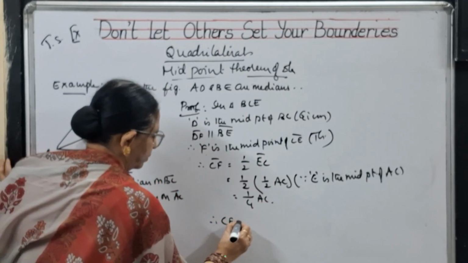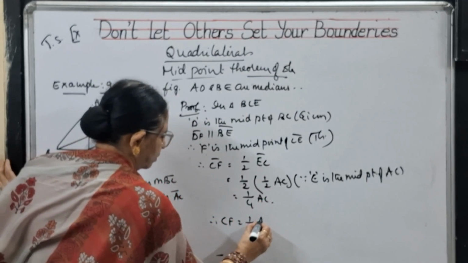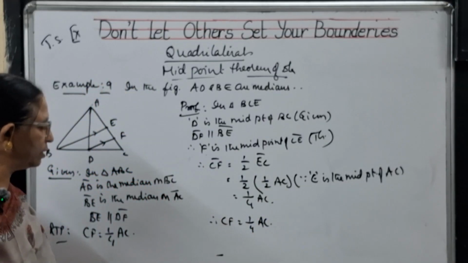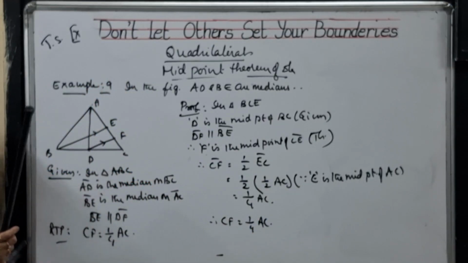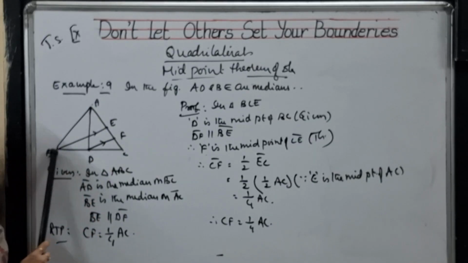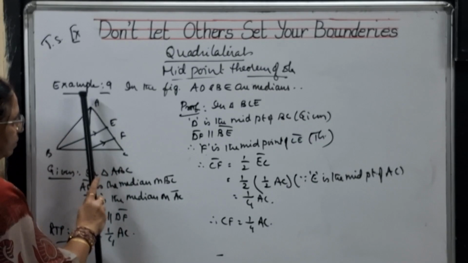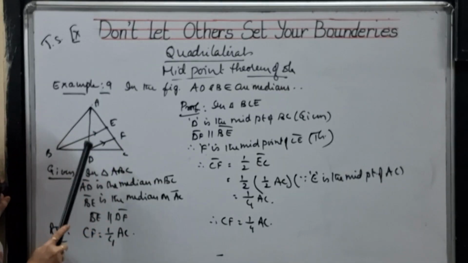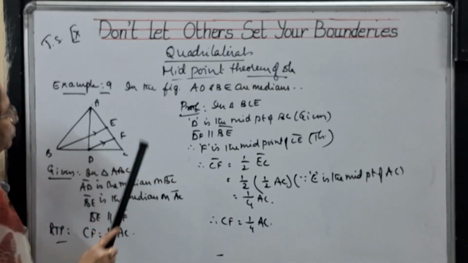Therefore, CF is equal to 1/4 of AC. This is the proof, children. So let us see once again. What have they given? In triangle ABC, AD is the median on BC and BE is the median on AC, and DF is drawn parallel to BE.